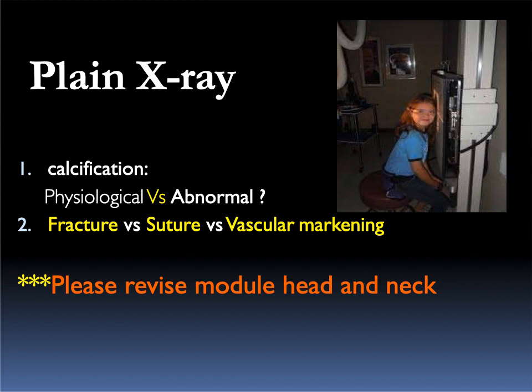It's a good technique for detecting calcifications, which could be physiological or abnormal as a pathology. Also, it gives you the fracture lines, although it is not easy for some of the fractures to distinguish them from the suture lines and even sometimes vascular markings.